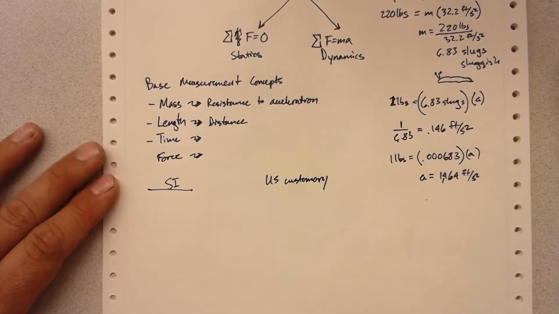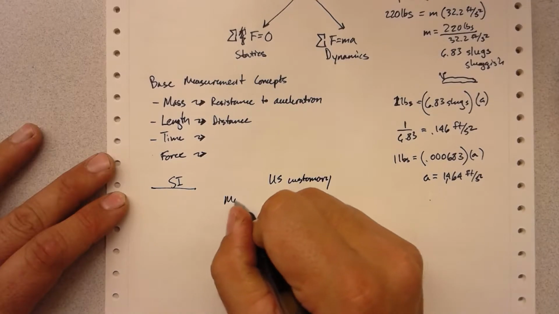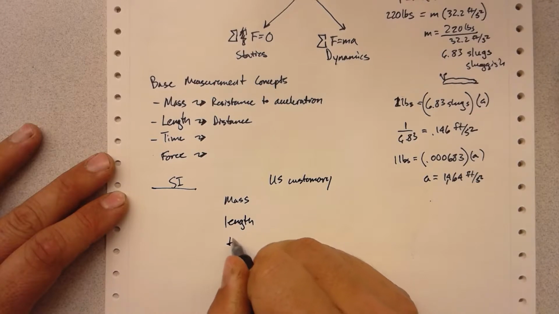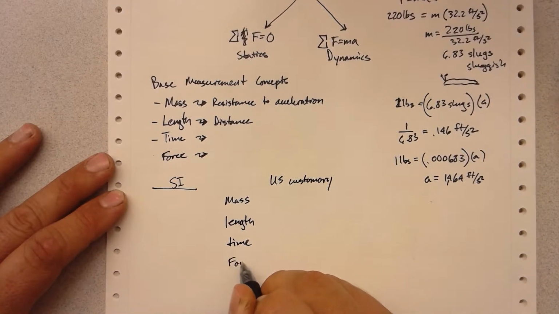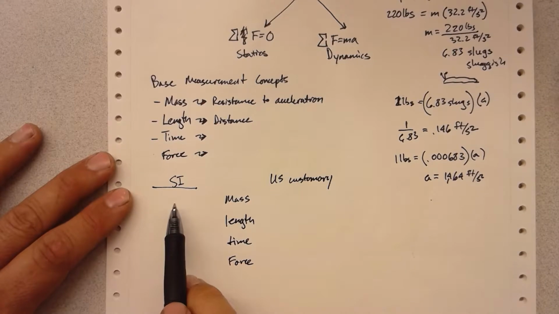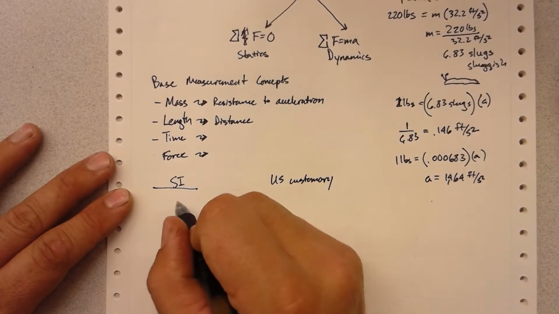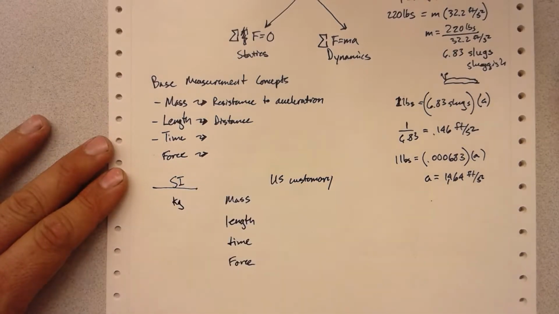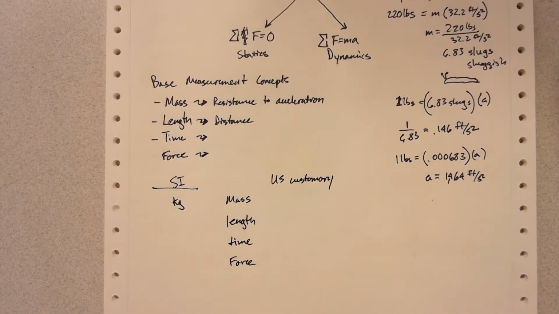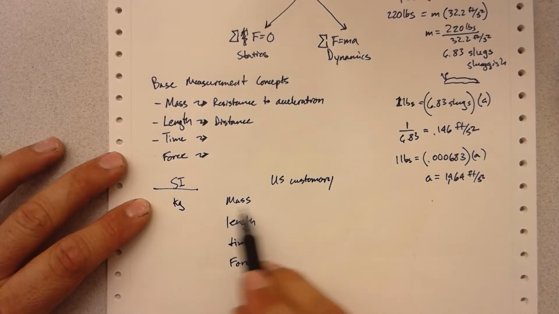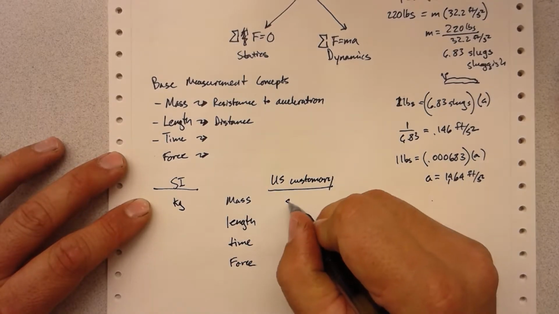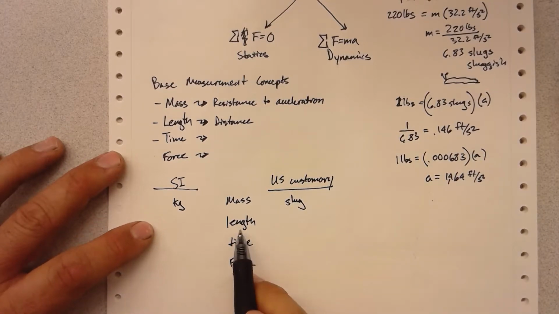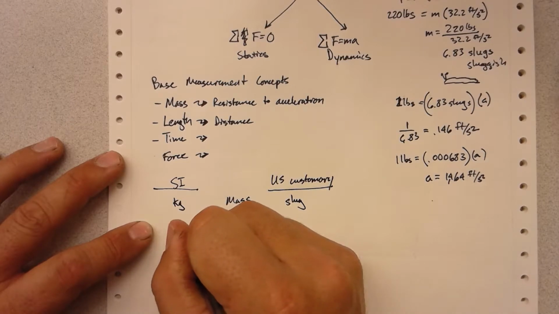In the SI system, mass, length, time, and force. The unit of mass is the gram, or in engineering, we actually take the kilogram as our most common base unit, right? And that's kg. In the US system, it's the slug. For length, we have meters.